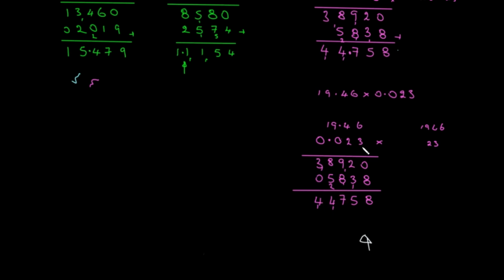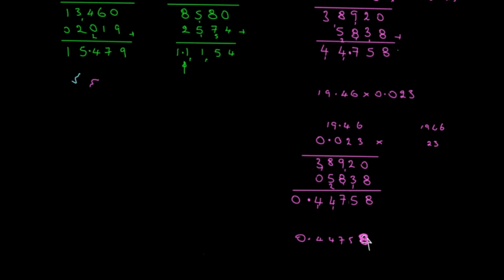Now we count the decimal places. 1, 2, 3, 4, 5. It goes there. So we can put a 0 there. So the answer to that is 0.44758.